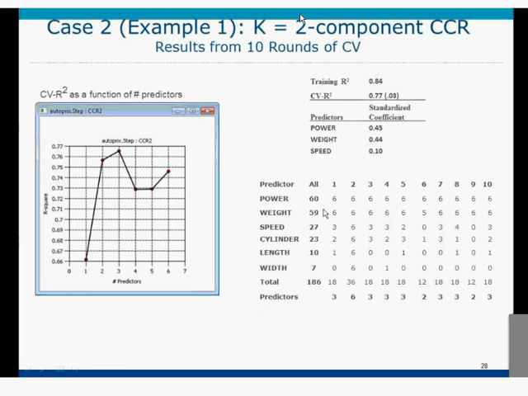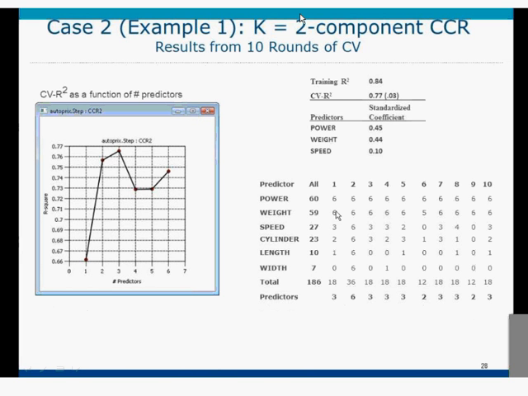Now here we also have this additional output which keeps track of the 10 rounds of M-folds that were done. We see that in the first round, 3 predictors was optimal, then 6, 3, 3, 3, 2, 2. So this is a nice summary, supplemental information, and it also counts up, in the rounds where there were 3 predictors, how many times was power included among the 3 predictors?